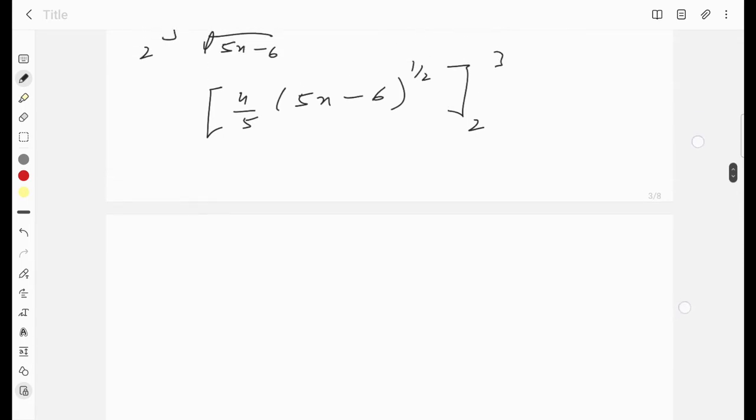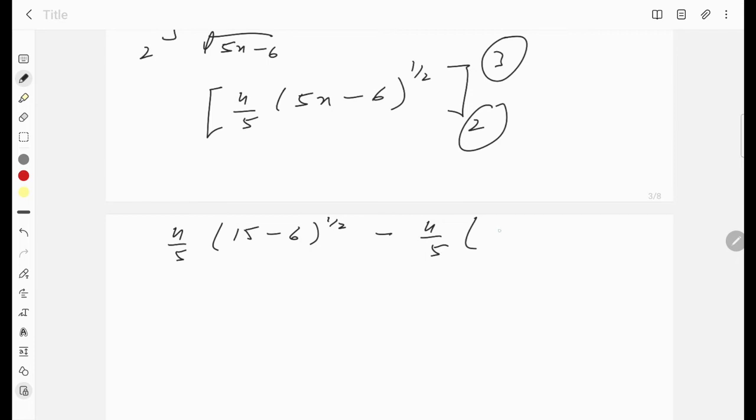You will write 3 in place of x, 15 minus 6 raised to the power half. First of all, you will take the upper limit in place of x. Then you will write minus the lower limit in place of x. This is the lower limit.